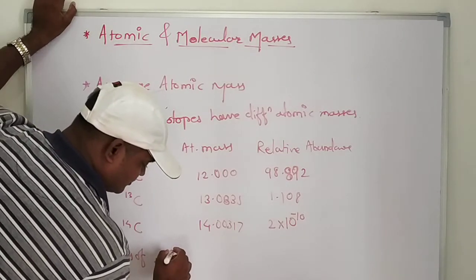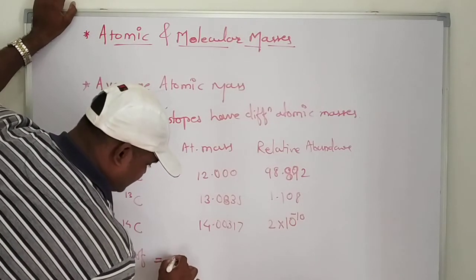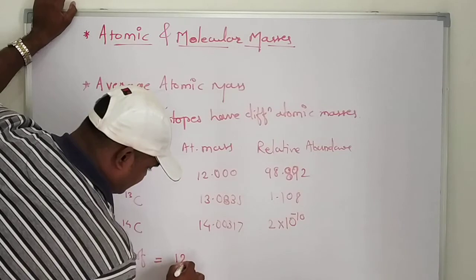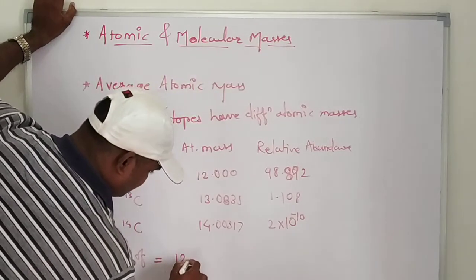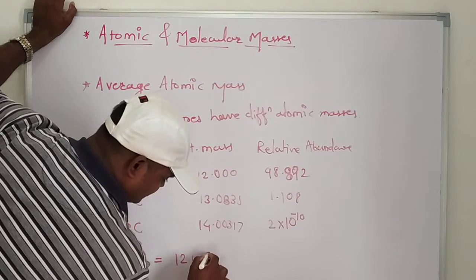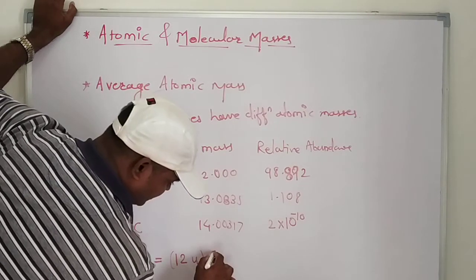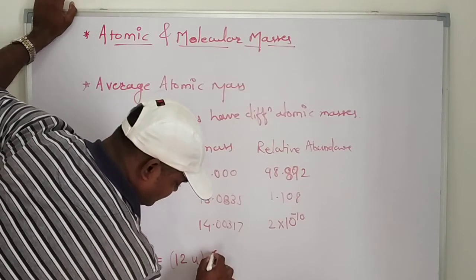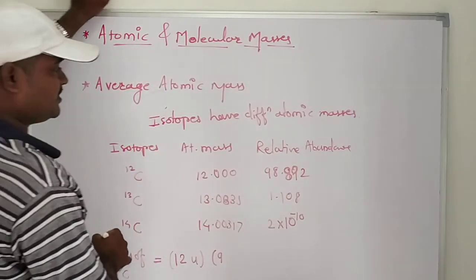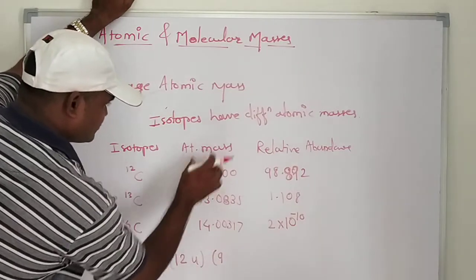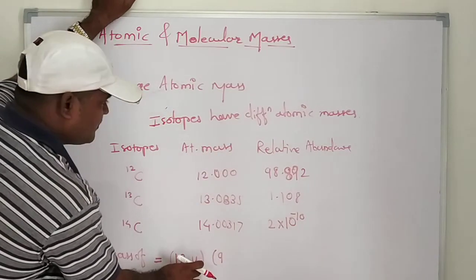First of all, you have to take the atomic mass of carbon-12, which is 12 units, and after that you have to take its existence, that is relative abundance.